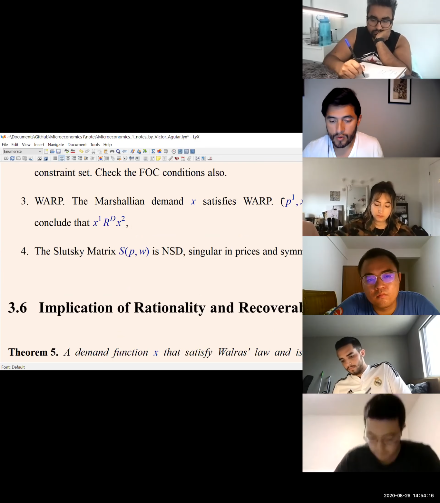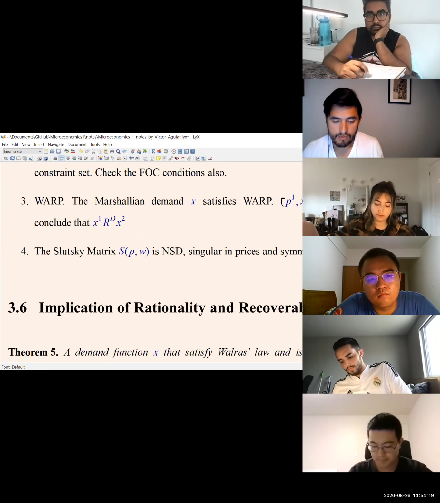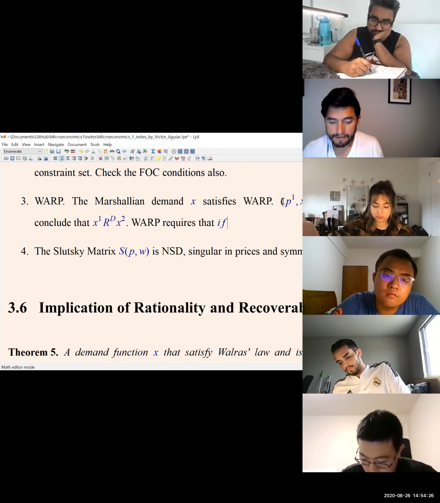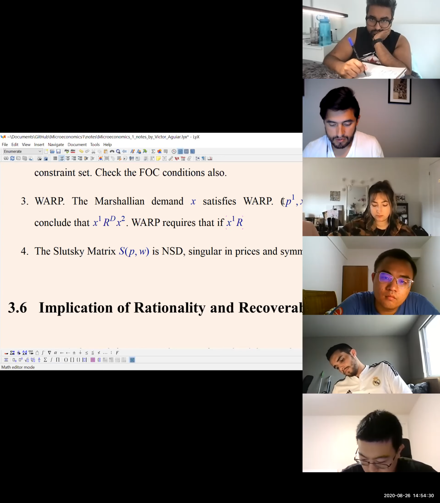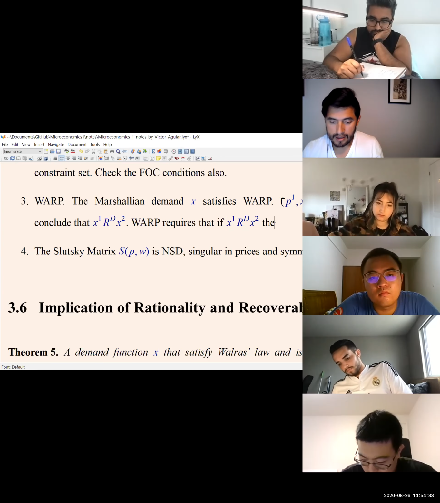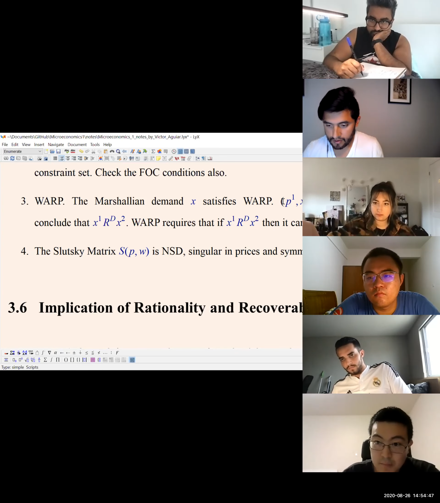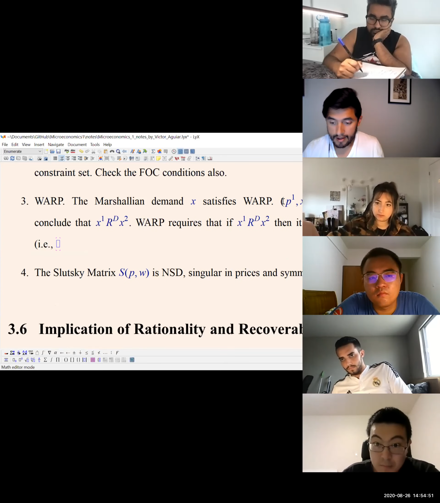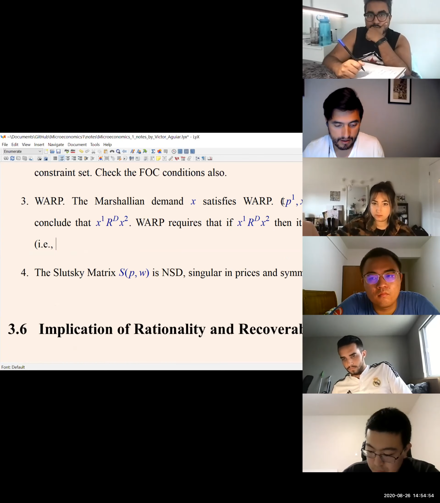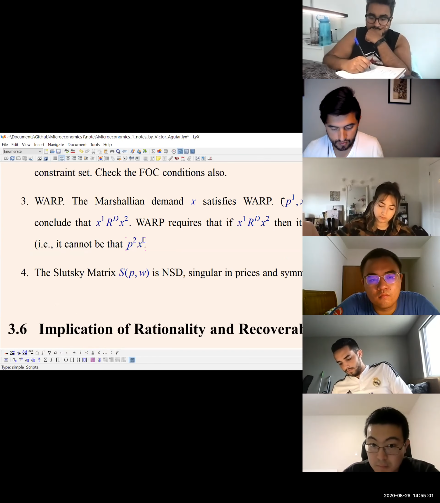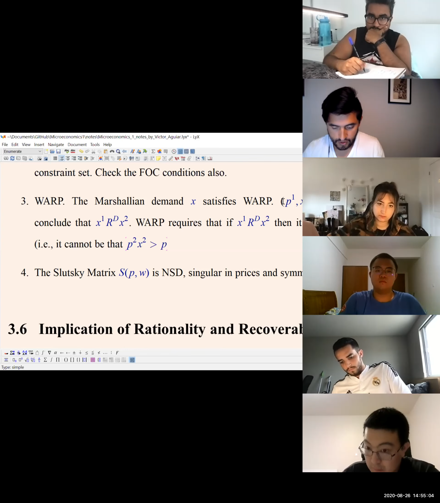Now, what is the weak axiom? So the weak axiom requires that if X1 is revealed preferred directly to X2, then it cannot happen that X2 is strictly revealed preferred to X1, which is equivalent to saying that it cannot be that P2 X2 is strictly greater than P2 X1.